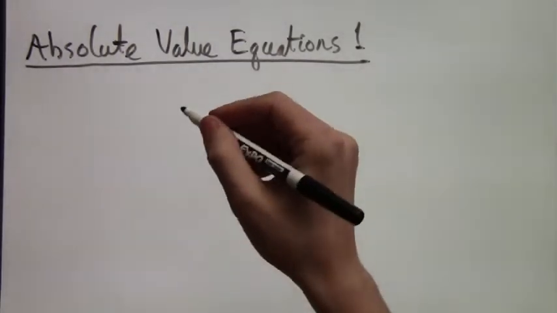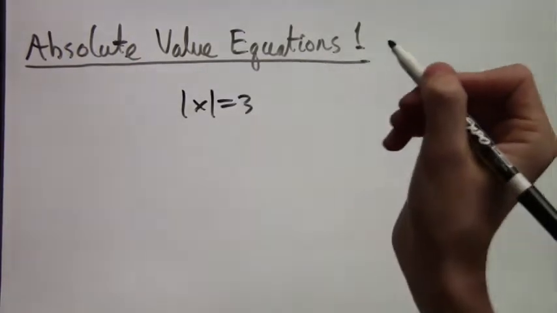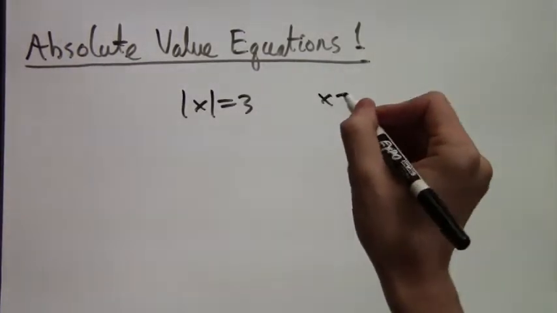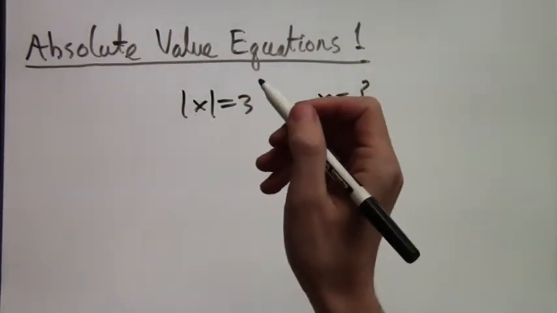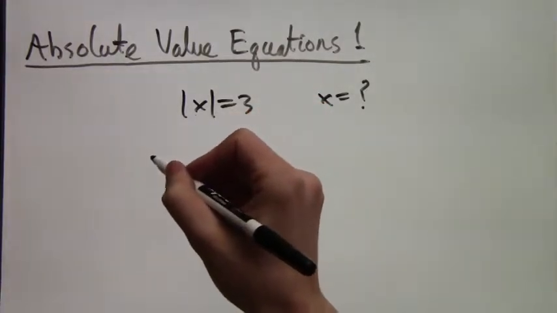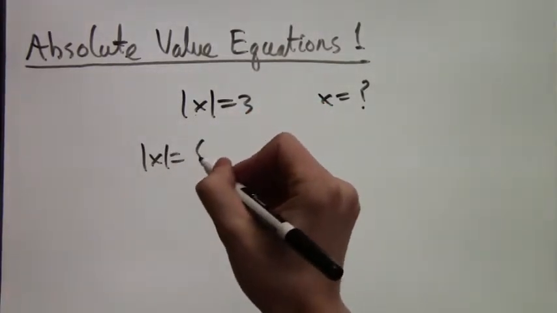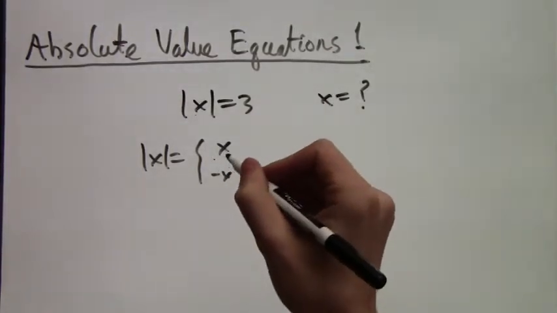The first example will be pretty simple, just absolute value of x equals 3. What does x equal? Well, actually, this separates into two cases, because the absolute value of x is sometimes equal to x, but sometimes it's equal to negative x. And that depends on if x is greater than 0 or less than 0.